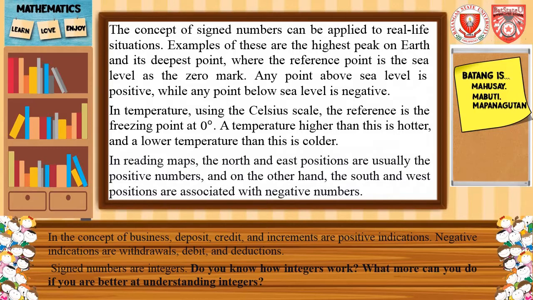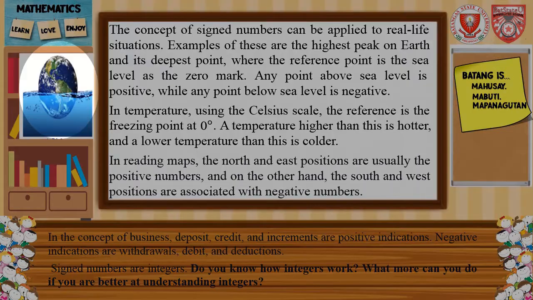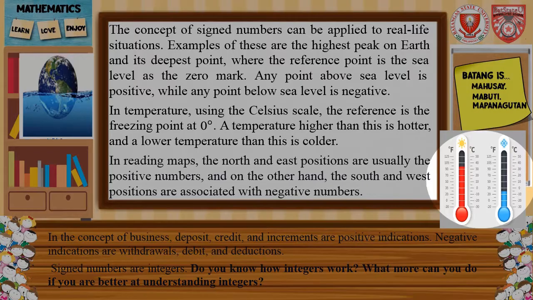Examples of these are the highest peak on Earth and the deepest point, where the reference point is sea level as the zero mark. Any point above sea level is positive, while any point below sea level is negative. In temperature, we use the Celsius scale. The reference is the freezing point at 0 degrees.